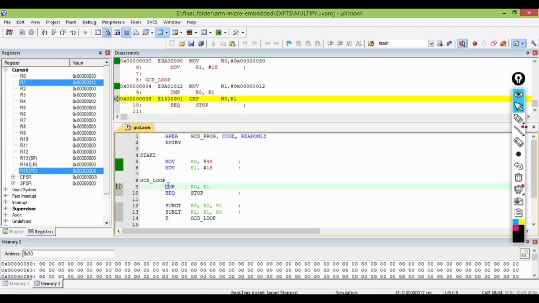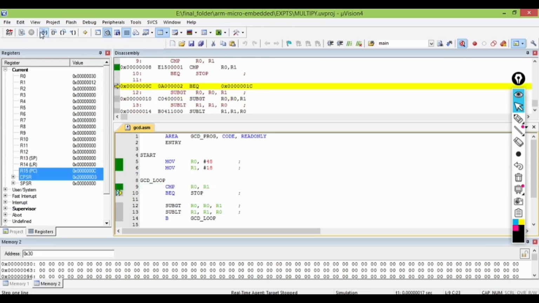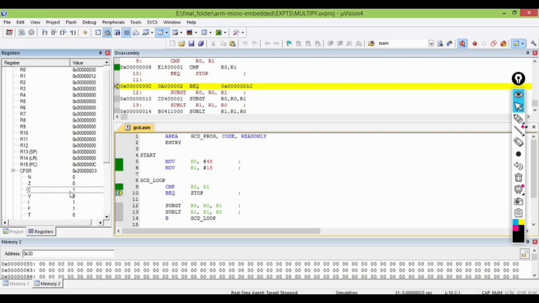The first thing that happens here is comparison. Let's carry that out, and the comparison causes the flags to get updated. As you can see here, R0 is actually greater than R1, so the carry flag is set as 1, all other flags are set as 0, and this particular instruction is ignored because Z is actually equal to 0.